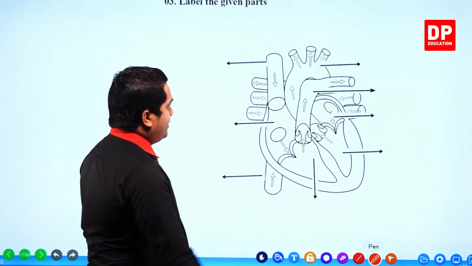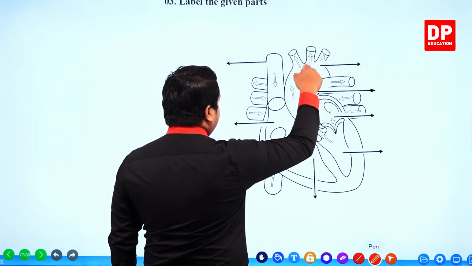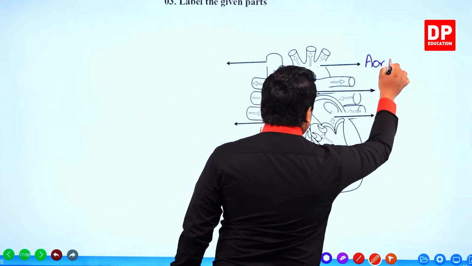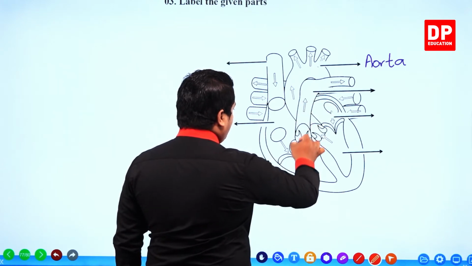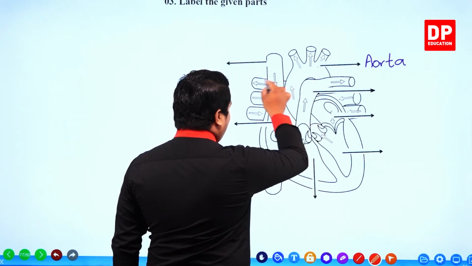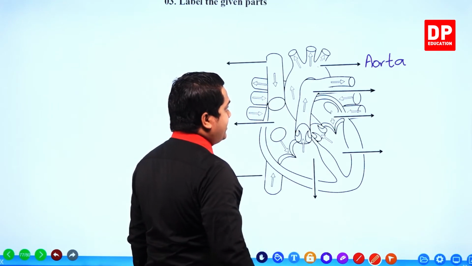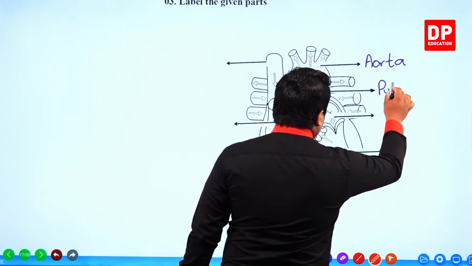So first of all, this main artery which divides into several segments, this is the aorta. So this one is called the pulmonary artery, which divides into two to travel to left and right lungs. Pulmonary artery.